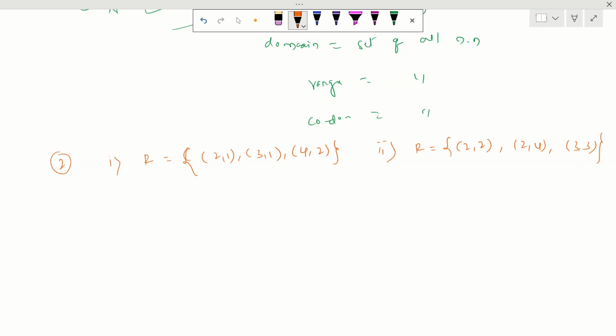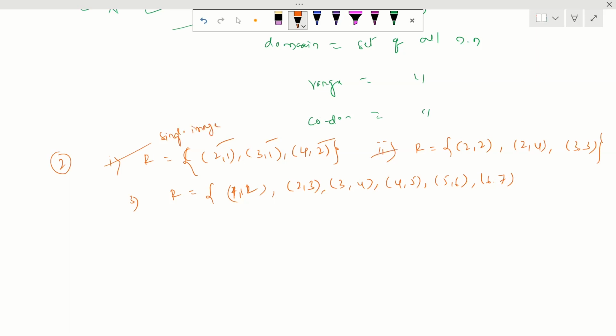Third: R equals 1 comma 2, 2 comma 3, 3 comma 4, 4 comma 5, 5 comma 6, and 6 comma 7. We need to identify which relation is a function. In the first, 2 1, 3 1, 4 2, each element has a single image.